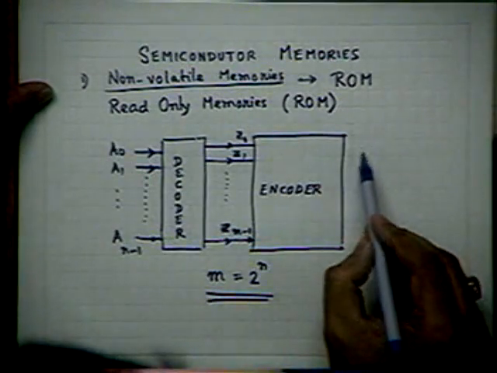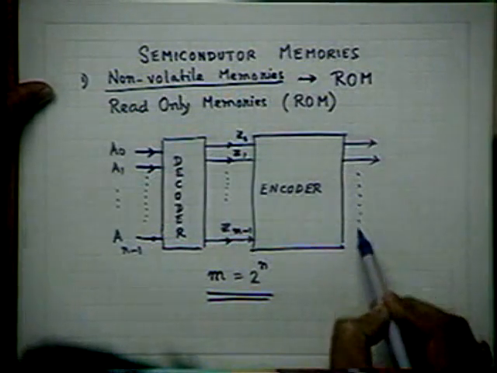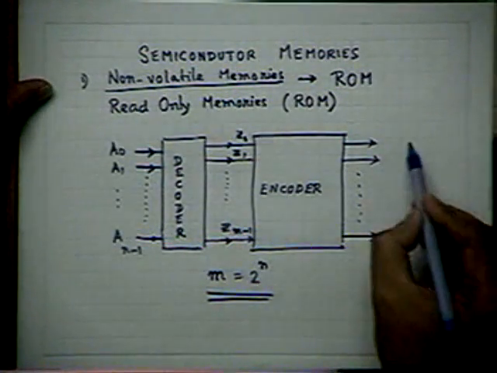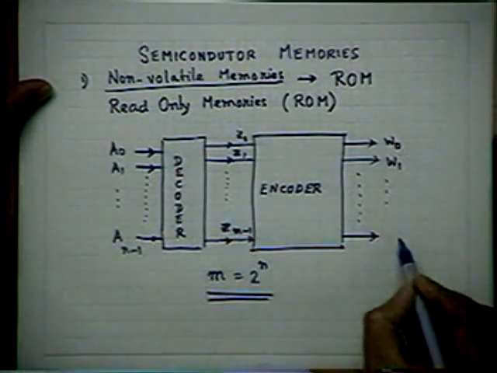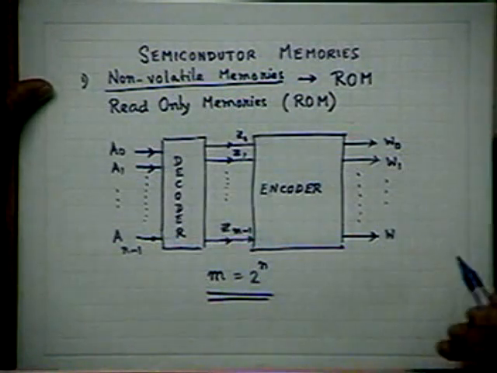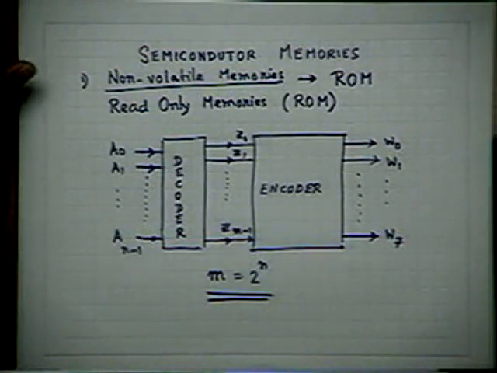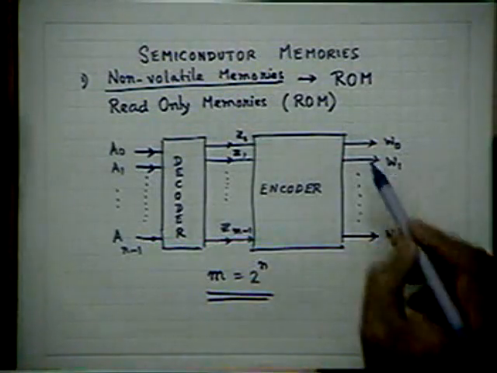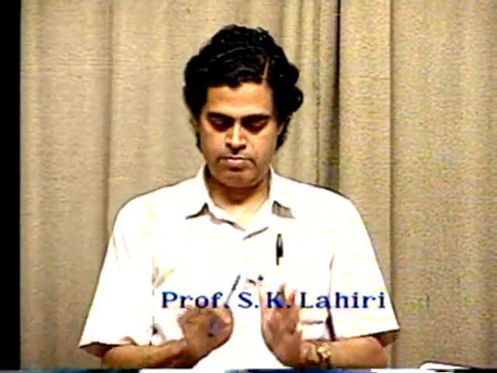And at the output you get the so-called bits, which form the word. I'm calling that W0, W1, etc. Say it may be an 8-bit or 16-bit, whatever it may be. These are called bit lines, and we shall be coming across that, bit lines, word lines, address lines.